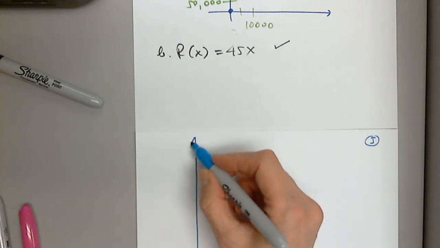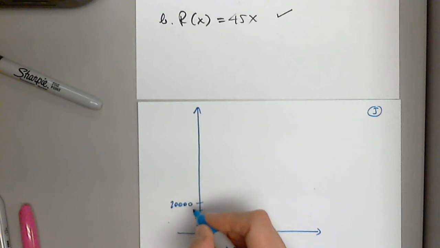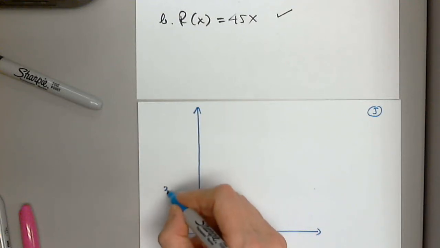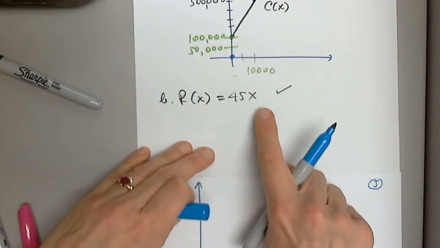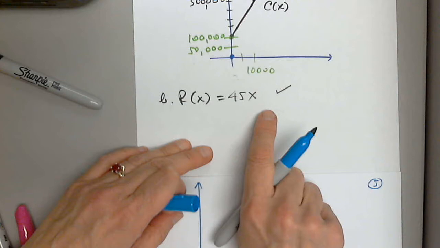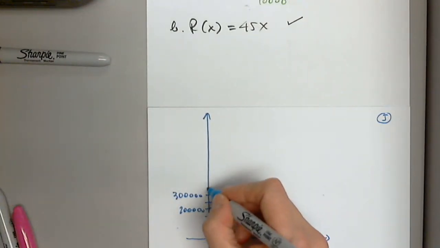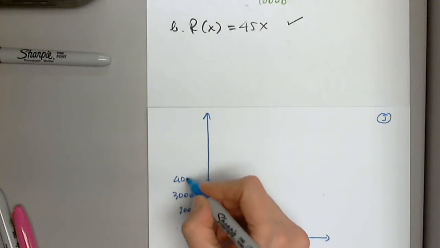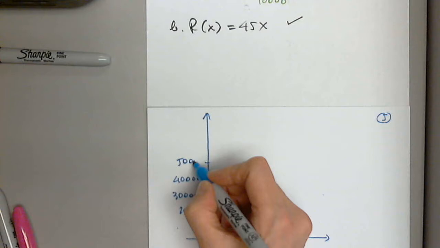Learn from my mistakes. Okay, so I have to plot again. So 100,000, 200,000, 300,000. So now when we manufacture 10,000, this will be what? 450,000? Okay, so I have to go to 450,000. So this will be 400,000, and this will be 500,000.